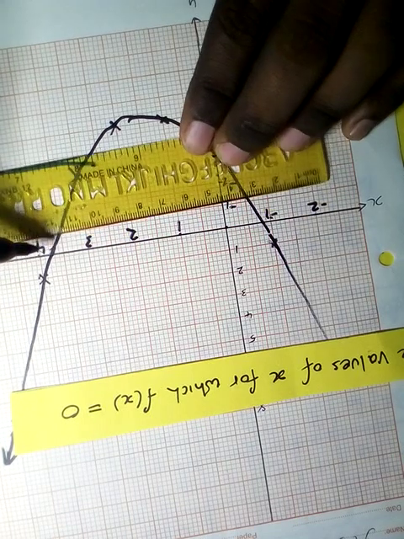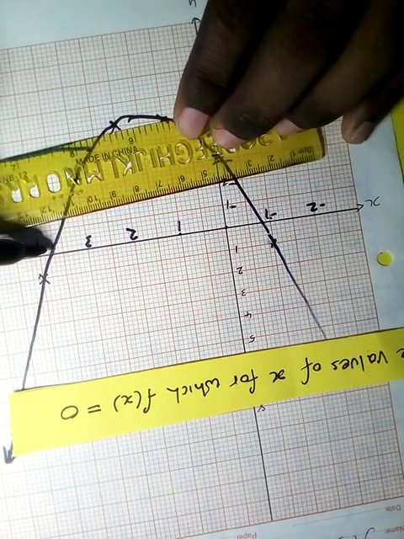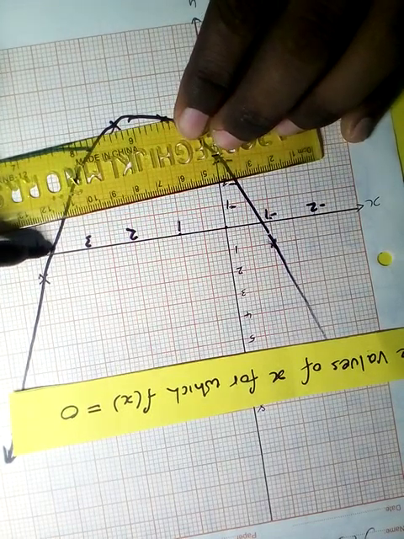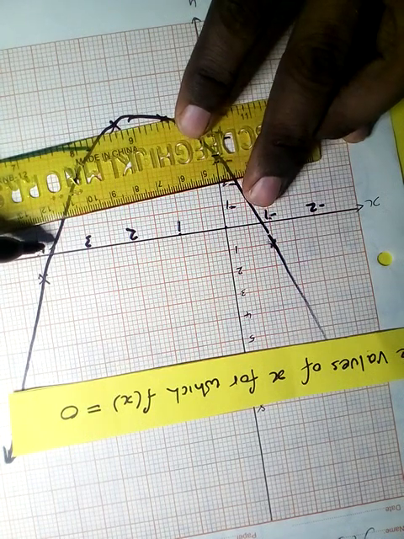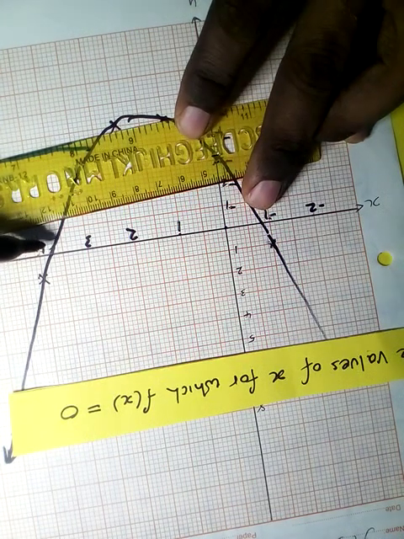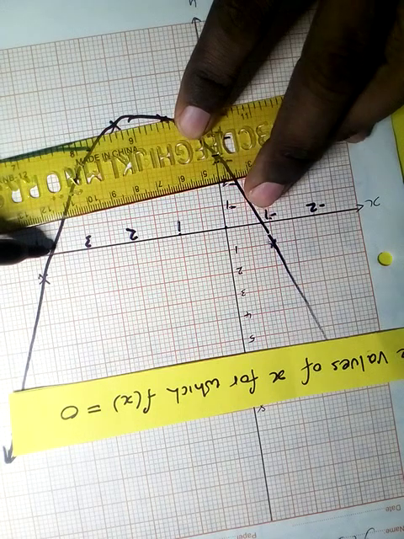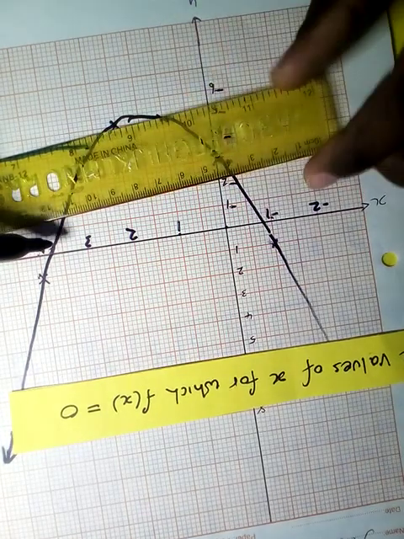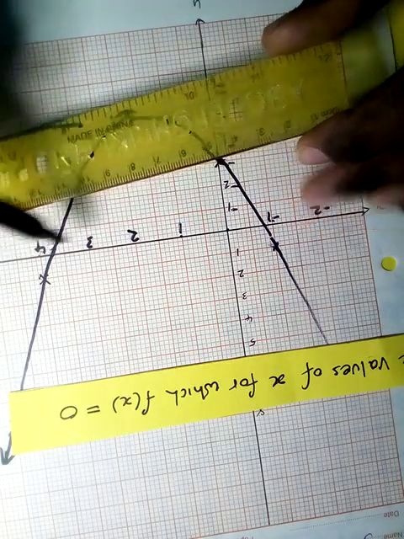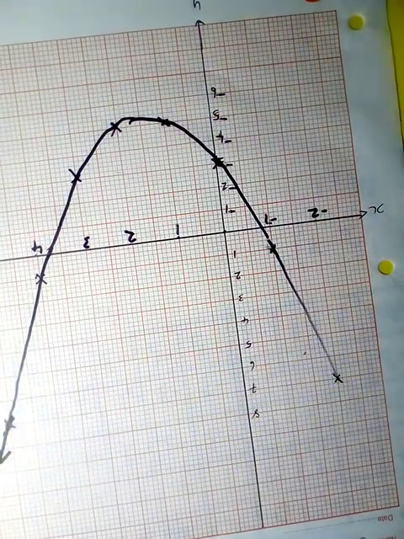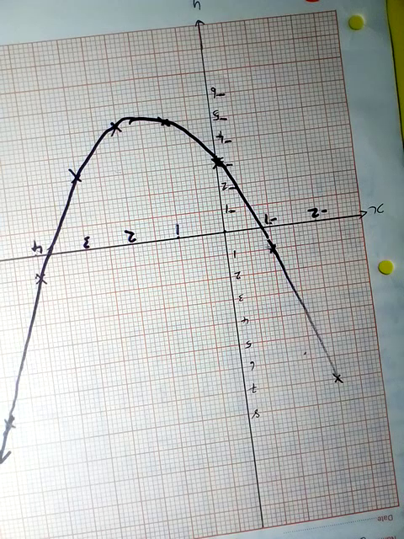And in this case, the answer would be positive 3.8 and negative 0.8. Because when y is 0, if you draw a line to touch the graph here and here, those are the two answers you will get.